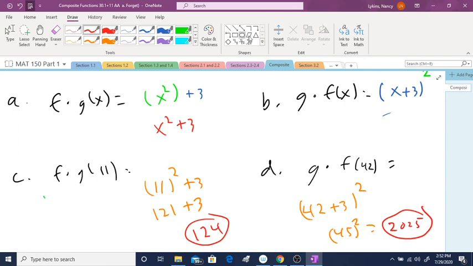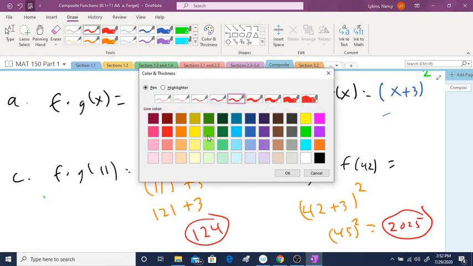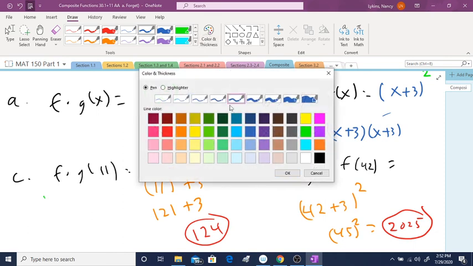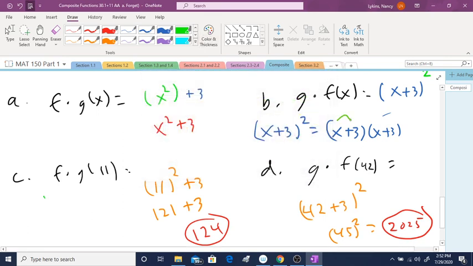Okay, now I'm going to come back to part B for a second, because sometimes when you have this x plus 3 squared, this can be the same as x plus 3 times x plus 3, which if you FOIL it, you get x times x is x squared, x times 3 is plus 3x, and another plus 3x, and then 3 times 3 is 9.